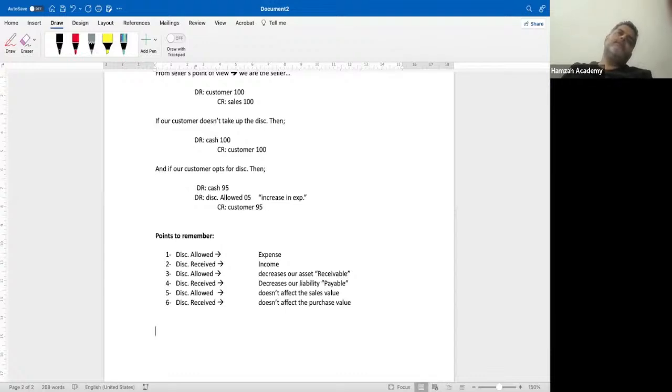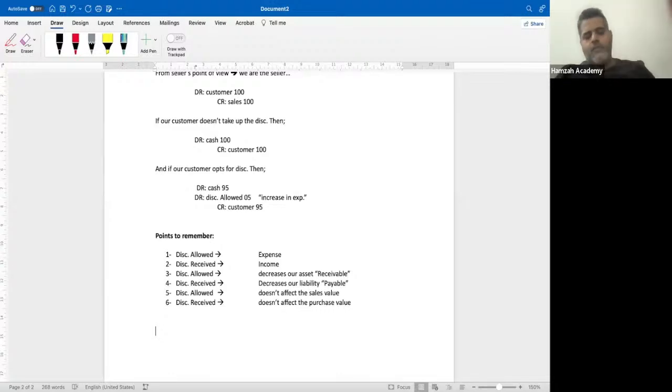Then the discount allowed is basically going to decrease the balance of the asset, that is the receivable, and the discount received is going to decrease the amount of the liability or the payable. Then the discount allowed is not going to affect the sales value, and the discount received is not going to affect the purchase value as well, right? So this is what you have to keep in your mind over here. Done? I hope it's clear to you.